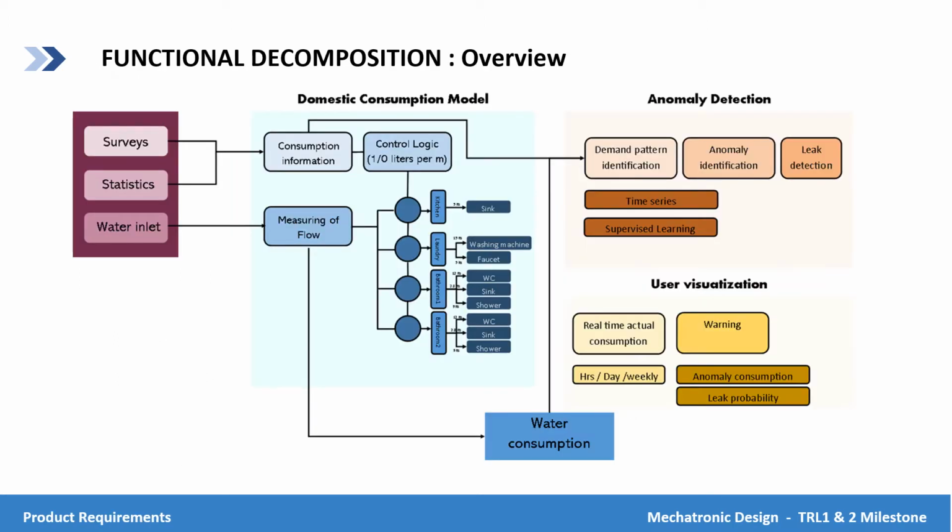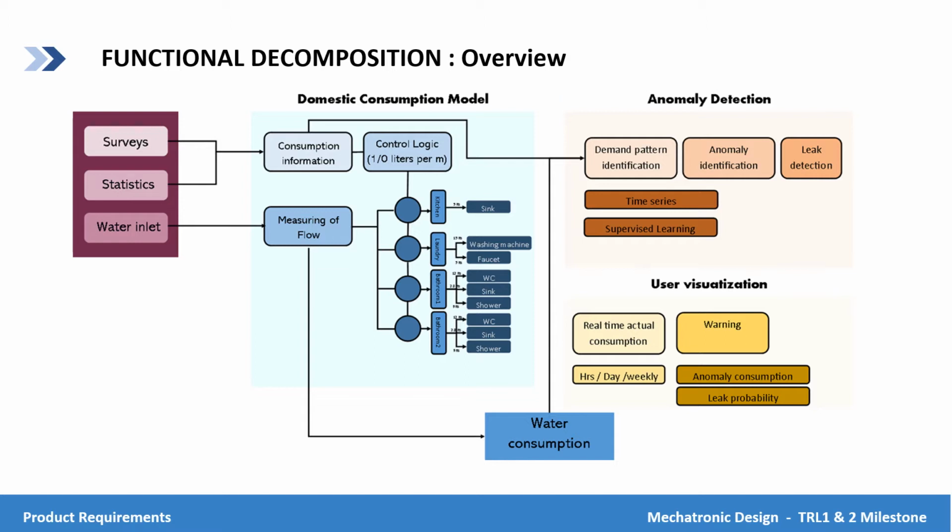Now we can talk about the overview of the project. The whole process can be divided into 4 different sections. The first one is the construction of the pattern, which was performed using surveys, statistics, and also water inlet. After that, we have the domestic consumption model creation, in which the data will be created using randomness and also a Simscape simulation.